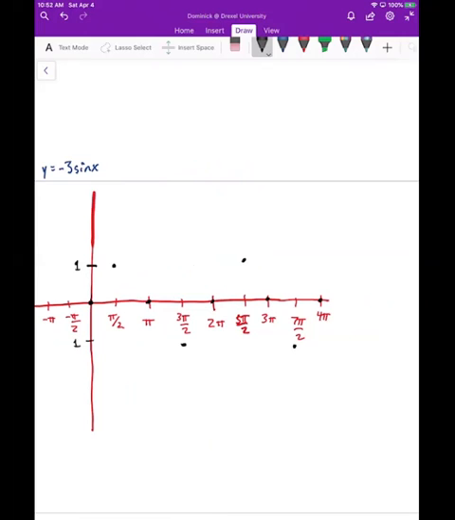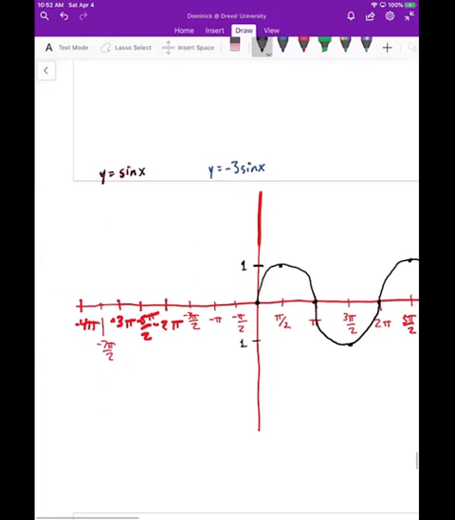So the right side of the graph will look something like this. And of course the left side will have a similar thing going on, so we get this shape on the left side. All right, so that's our sine of x.